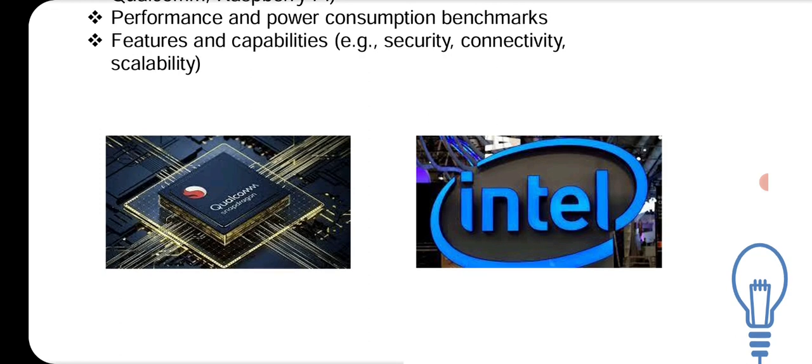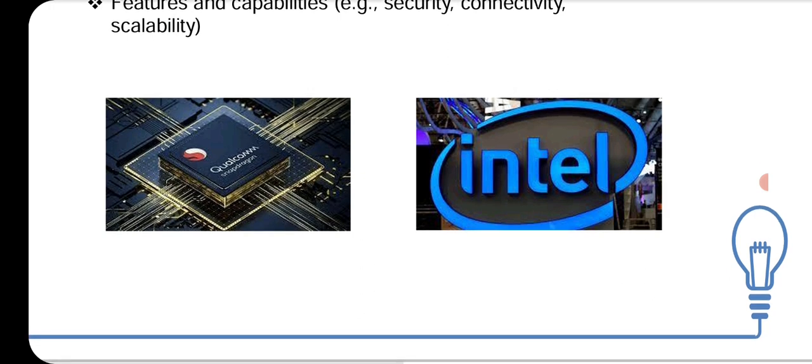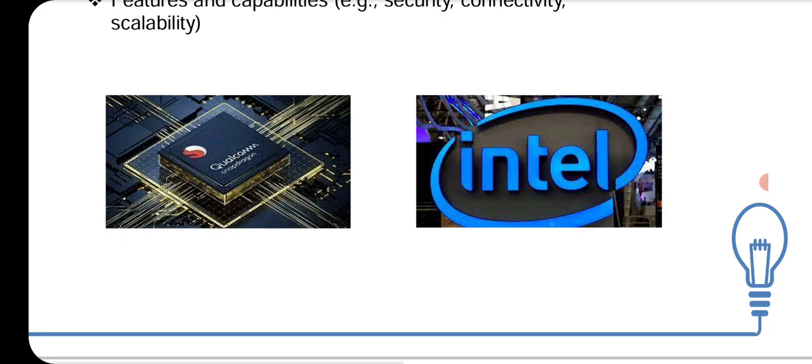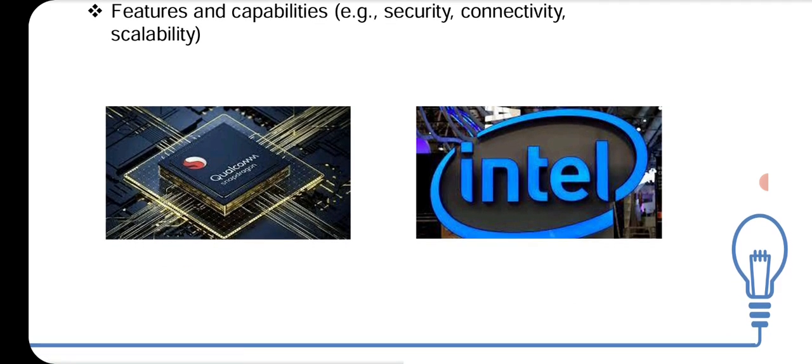ARM Cortex M series processors are designed for low power real time embedded applications. Intel Quark is a low power x86 based microcontroller designed for IoT applications. It is a 32-bit microprocessor that provides a balance between performance and power consumption.